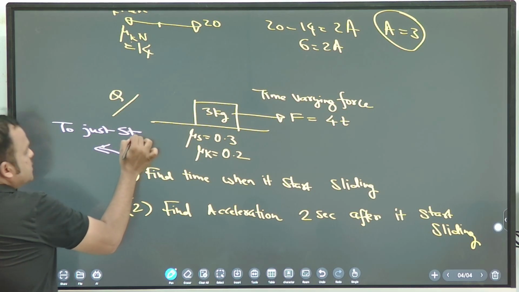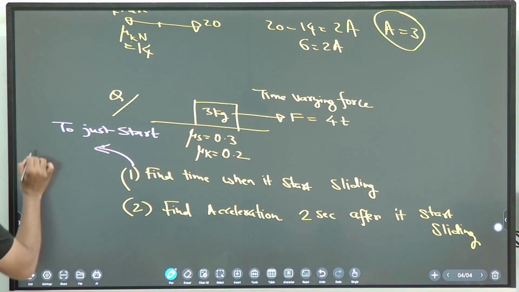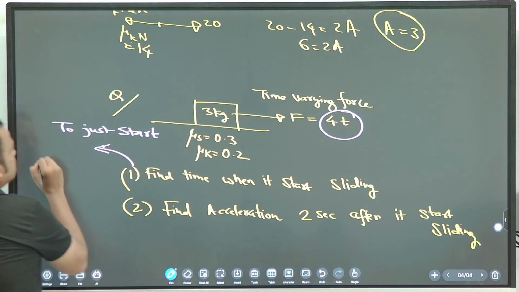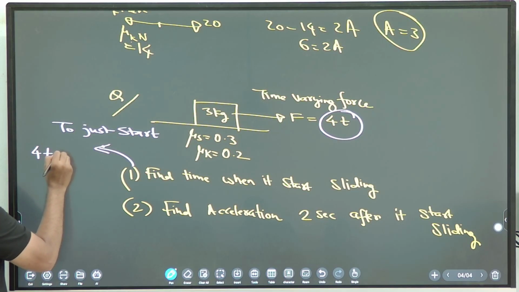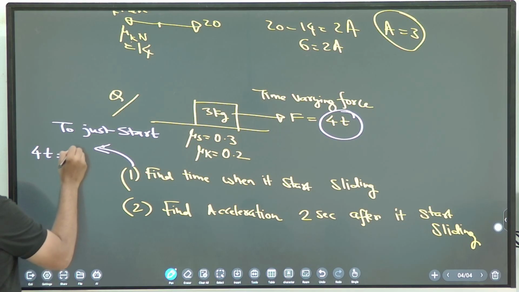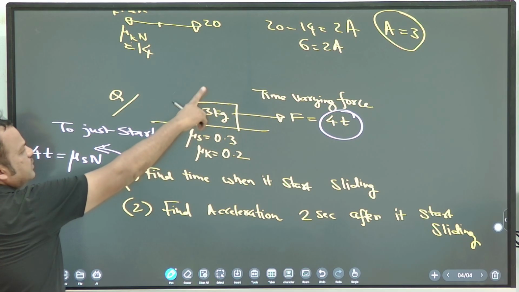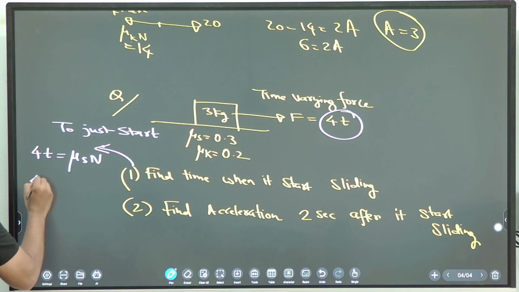To just start, how much external force? 4t. So 4t must be equal to mu s n. What is n? How much is n? 30.